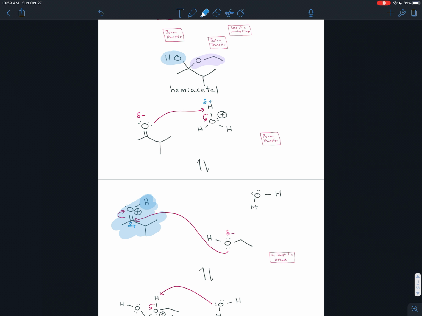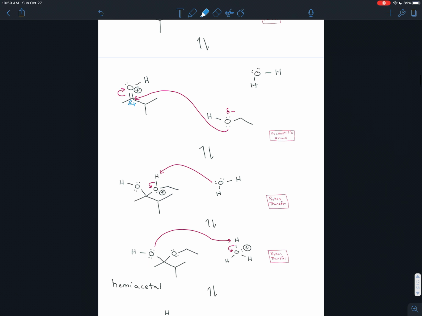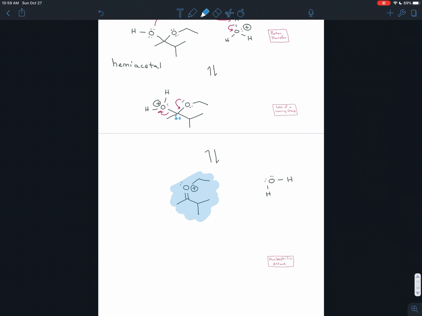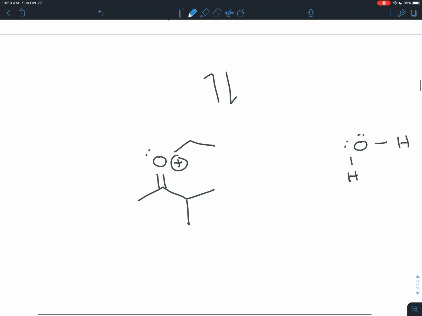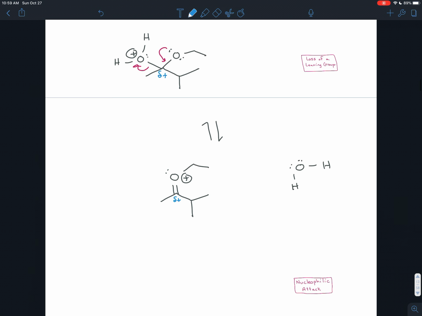It's the same thing, it's just an R group is replacing that H. And just like this was an amazing electrophile, so likewise we have an amazing electrophile now, because not only is the carbonyl carbon losing electron density to the oxygen because it's electronegative, but the oxygen has a full positive charge that's sucking the electrons away from the carbonyl carbon. So this is a really, really vulnerable electrophile.